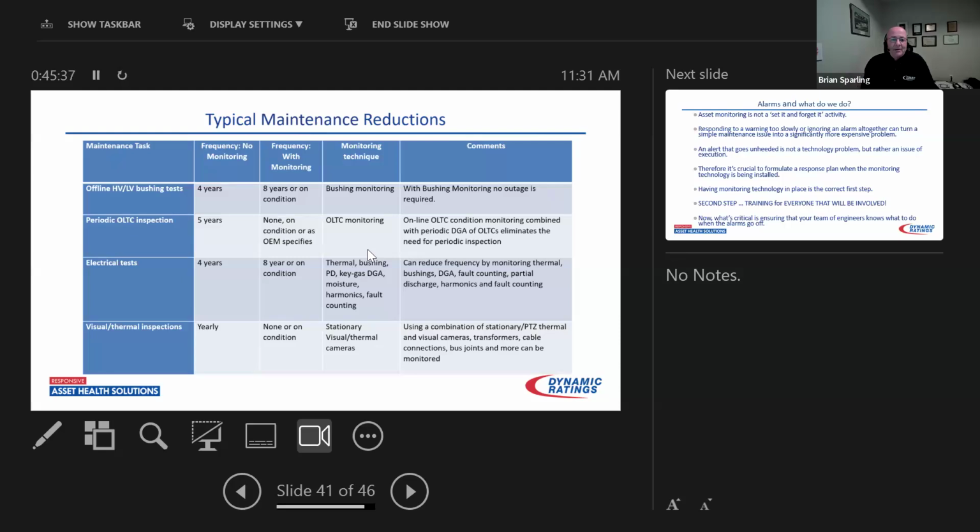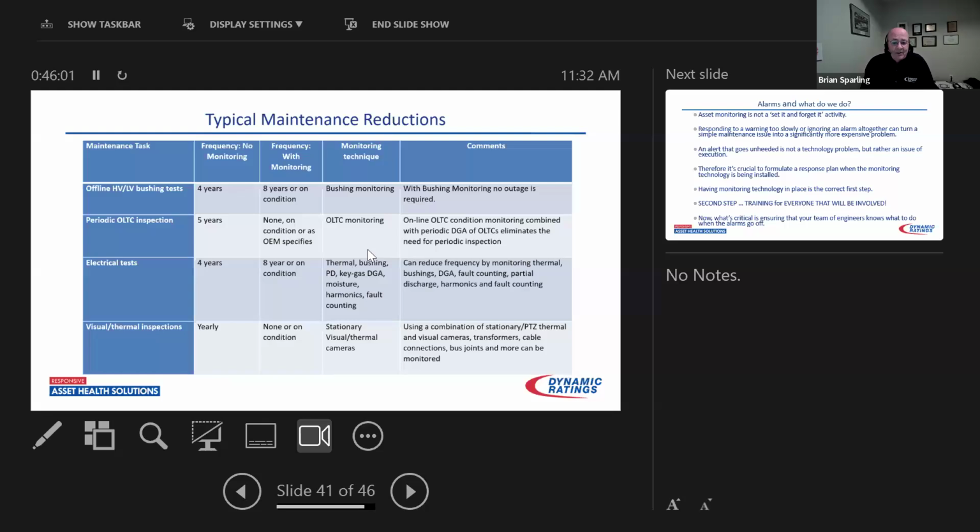Bushing tests, I think we've beat that one to death right now. Periodic LTC inspection is normally 5 years, but with monitoring, as the vibroacoustic was showing there, it's on condition, or as the OEM specifies. Electrical testing, again, you're looking for indicators when something begins to go wrong, like dissolved gas analysis telling you something's going wrong.